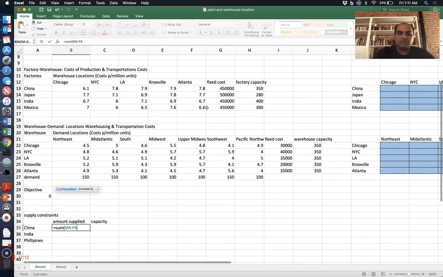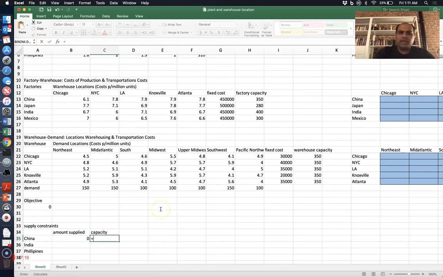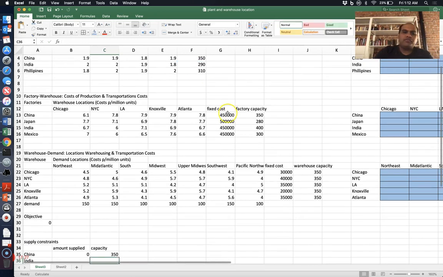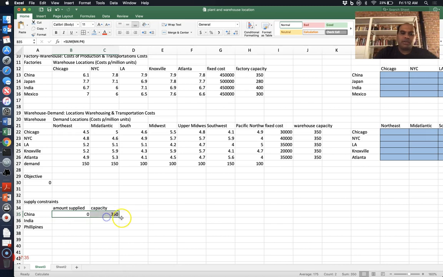That's the total amount supplied out of the China supplier, and it should be equal to the capacity of the China supplier, which is 350 million units. So the total amount supplied from the China supplier cannot exceed the supply that's available with our Chinese supplier.